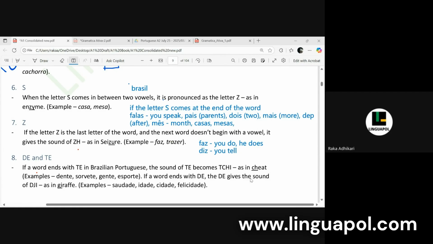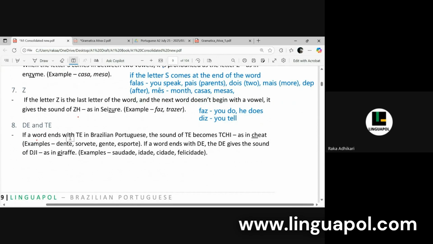Let's move on to the last rule, which applies to only Brazilian Portuguese, and this makes a huge difference. The major difference in the pronunciation of Brazilian and European is caused by this combination, that is DE and TE. Before we study the rule, let's just understand in very layman language. If I write this word, cidade, in European it will be read just like it is written.